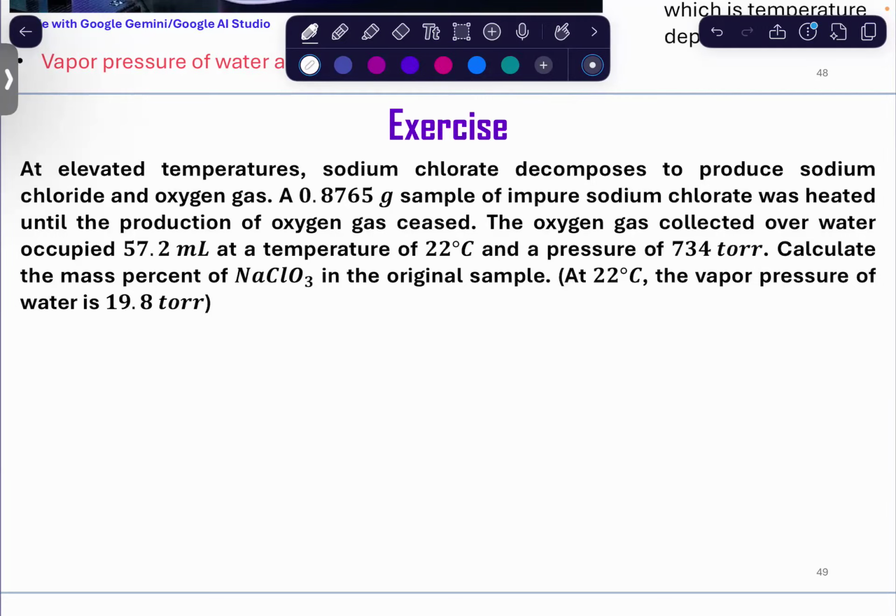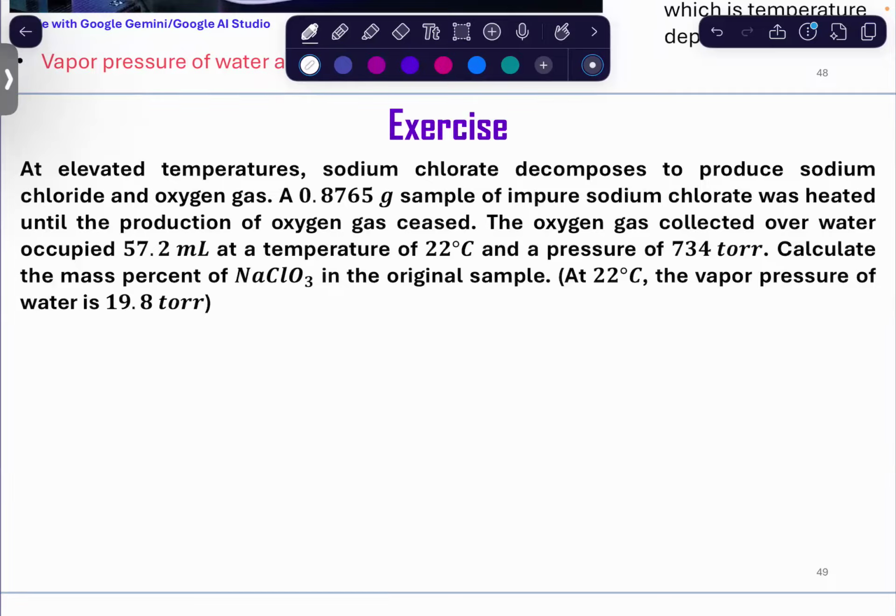You imagine oxygen bubbling into a water system, and you collect gas above the water. The oxygen collected occupies 57.2 milliliters at a temperature of 22 Celsius and a pressure of 734 torr.